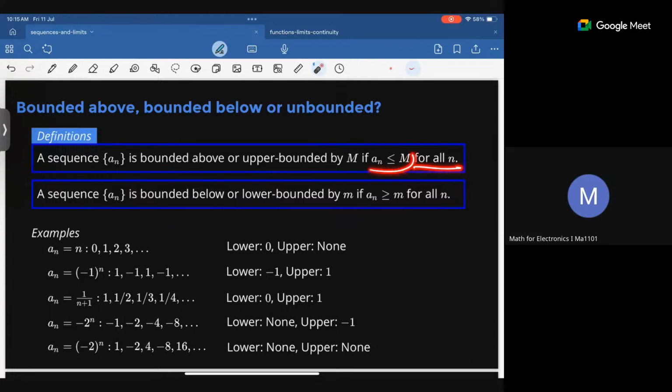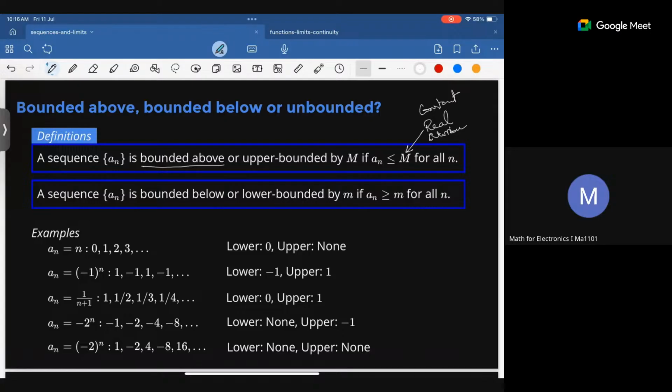So for all n, if all my term values in my sequence are less than or equal to this capital M, where capital M is a real constant number. So if I can find this capital M such that all my terms are less than this M, that means all my terms are not going above that particular capital M. Therefore, since it is not going above, it is bounded above. Okay, so that is what bounded above means.